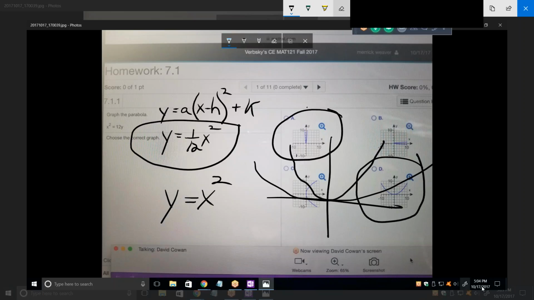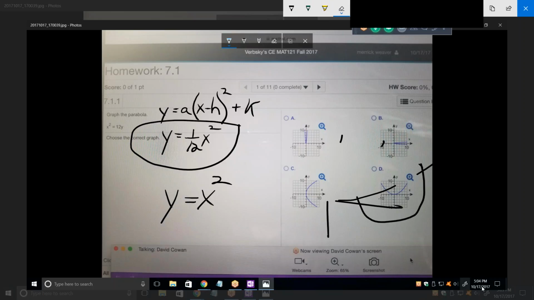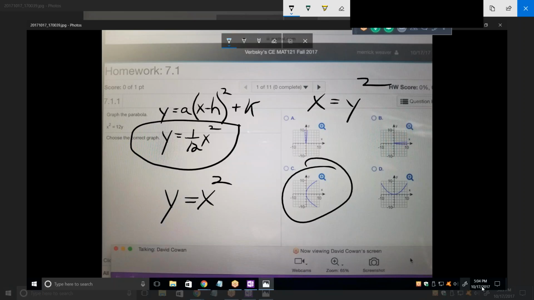Now, what would it take to be B or C? Well, you just switch the x and the y. In other words, if I have x equals y squared, that's not a function, but it is a relation. And that could be that one or that one. Notice the difference. One is y equals x squared, the other is x equals y squared.